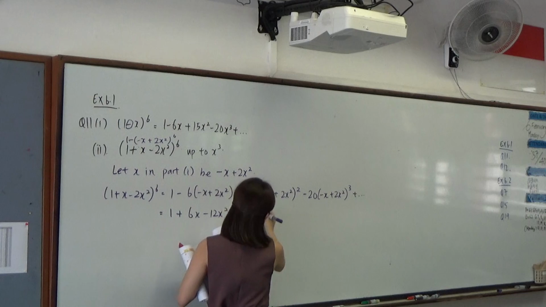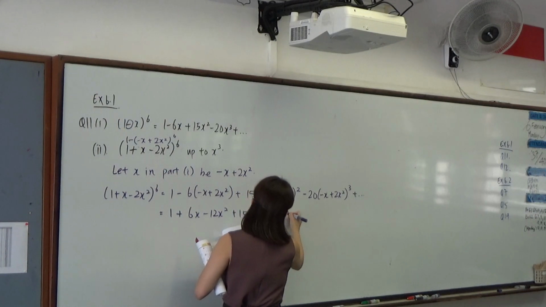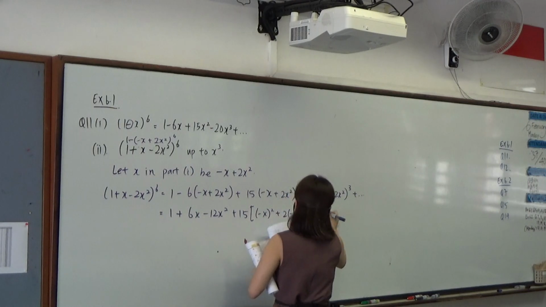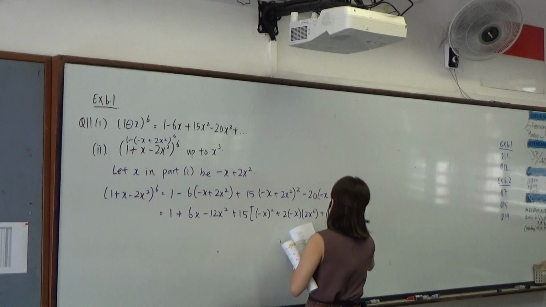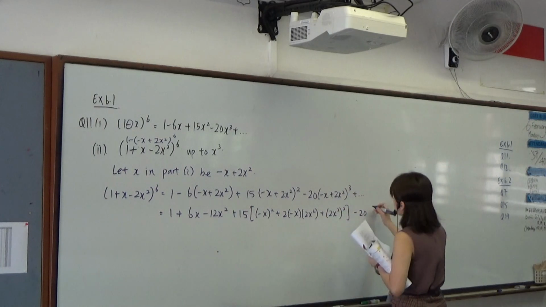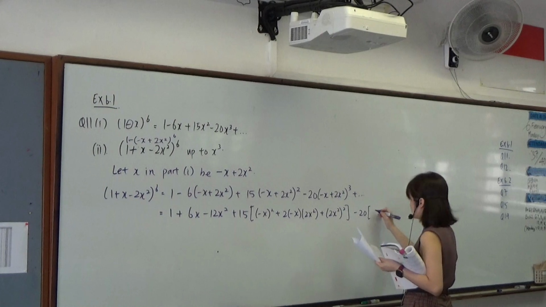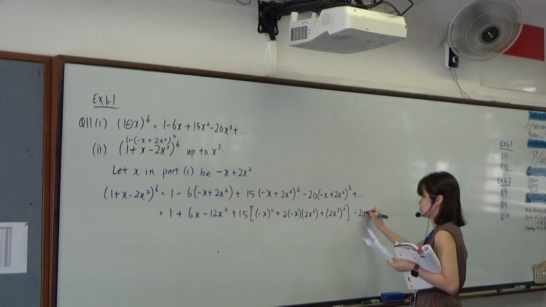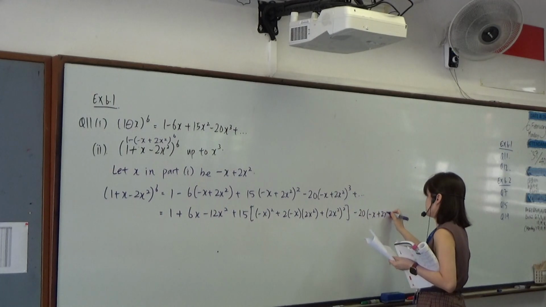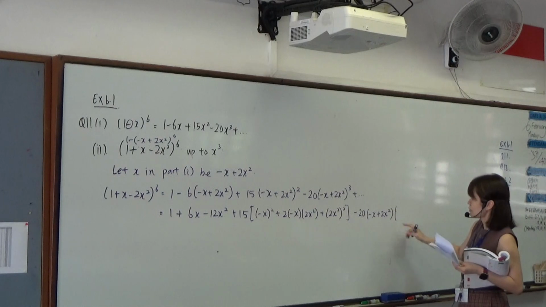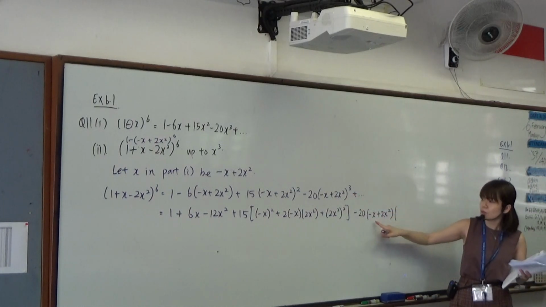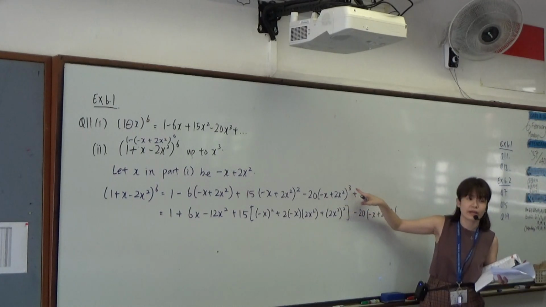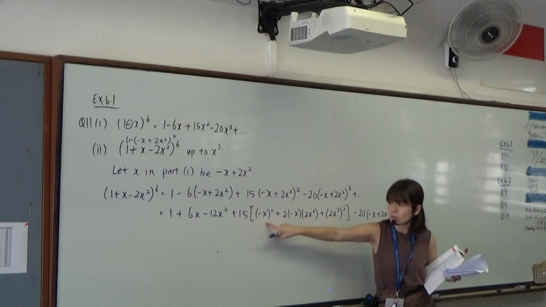Okay, you can expand by brute force. That means you use the formula a squared plus 2ab plus b squared. For the one in cube, so we will have one of each put out. The other one will be the negative x plus 2x squared, which is the same as this, so I'm going to copy this.